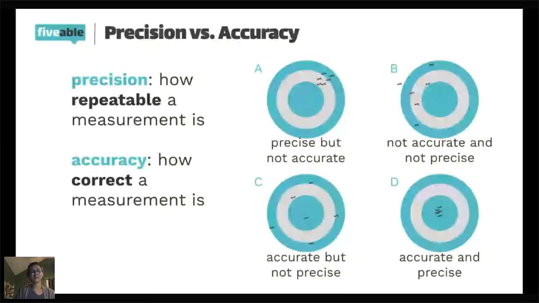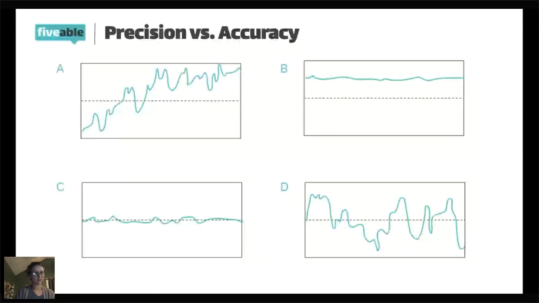Now, if you're doing an experiment and plotting your data, it's not really going to look like a target and a bullseye. So I like this example even better. This looks a little bit more like something that you might actually see in a physics class during an experiment. So if we think of each of these as a line graph, some quantity graphed over some other quantity, so maybe it's velocity over time or something along those lines.